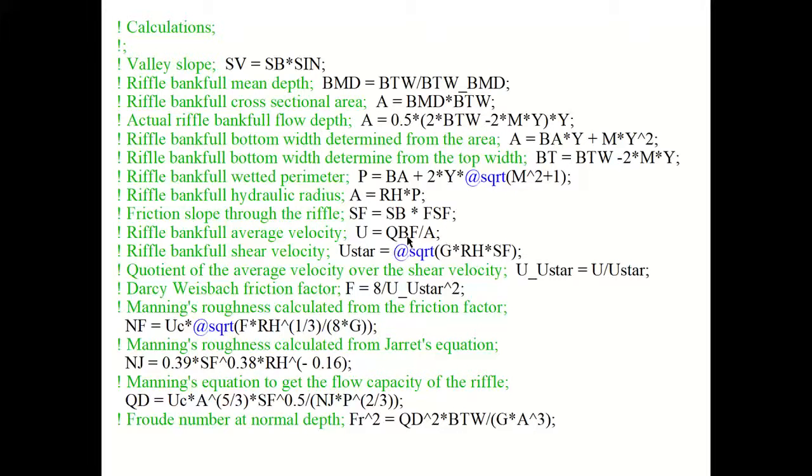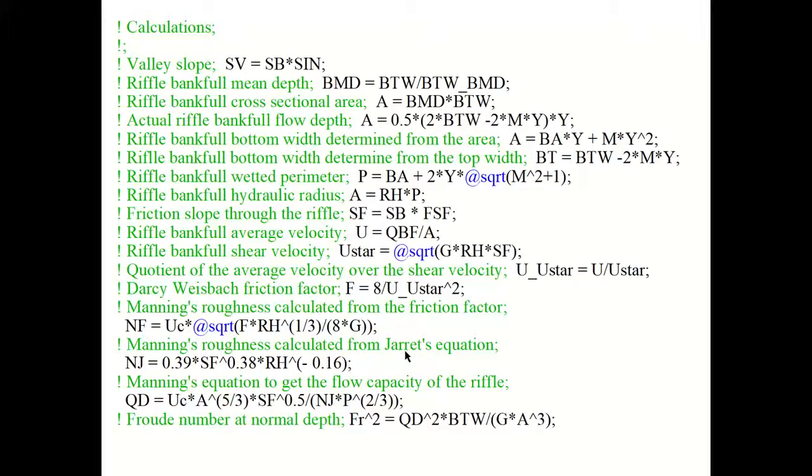Compute the velocity, taking the bankful flow divided by the cross-sectional area. Shear velocity. Compute the ratio of U over U star. That allows the computation of the Darcy-Weisbach friction factor. And then, using the friction factor, I'm going to calculate Manning's n.